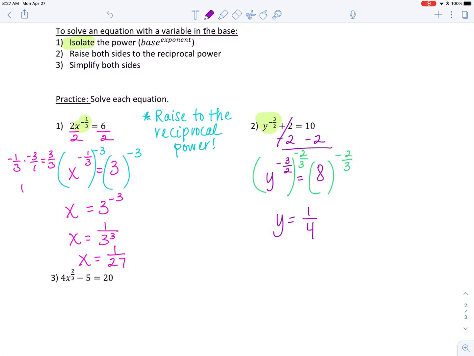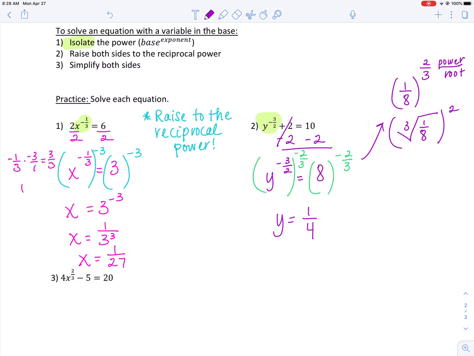Now, if you needed to see that mathematically, first thing you would have to do is get rid of the negative exponent. How do you get rid of a negative exponent? You take the reciprocal of the base. So the reciprocal of 8 is 1/8, and that would now be raised to the 2 over 3 power. Remember, that is power over the root, which means it's the cubed root of 1/8 raised to the second power.